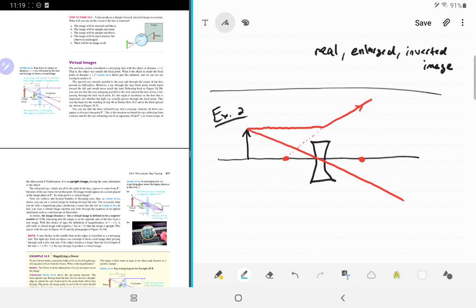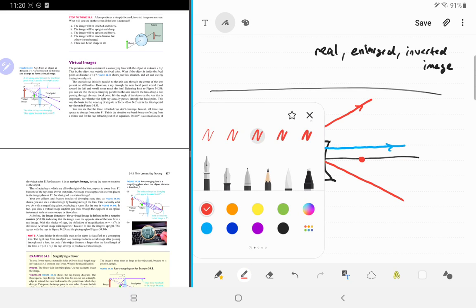I'm trying to draw the light ray that would go towards this focal point right here. So there's a light ray along that direction. But because of the diverging lens, it's going to bend this light ray away from the symmetry axis. And for that particular light ray, it's going to emerge parallel.